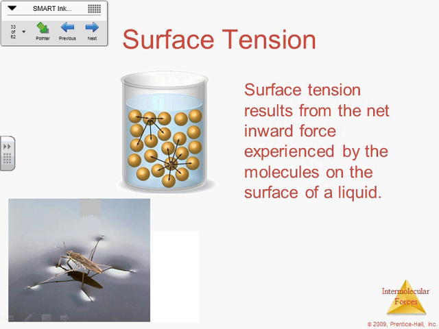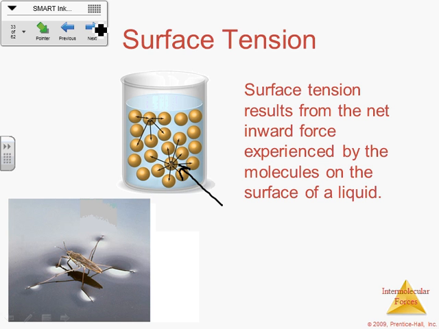Okay, surface tension is another one. Surface tension is why this bug down here in the left corner can actually walk on the water. It's because these water molecules are attracted to one another, and so they pull in at the surface, okay? And so if you look, you know, example of this, a water molecule in the middle of the solution, it's pulled in all different directions by a bunch of different water molecules.